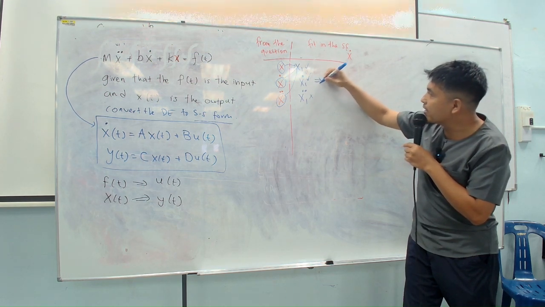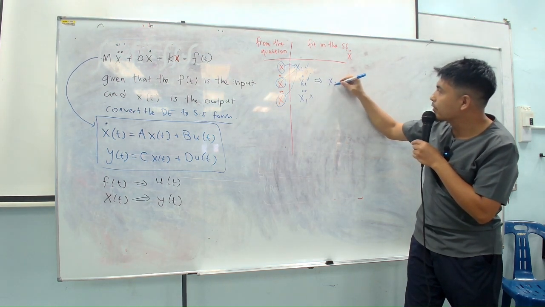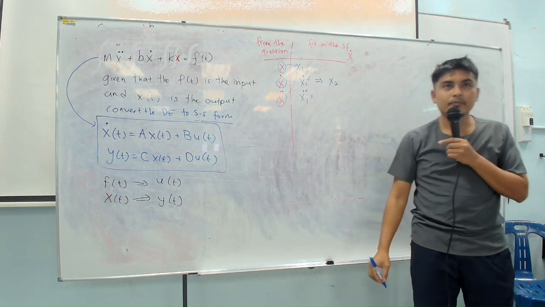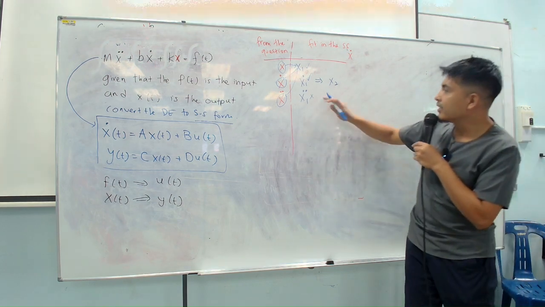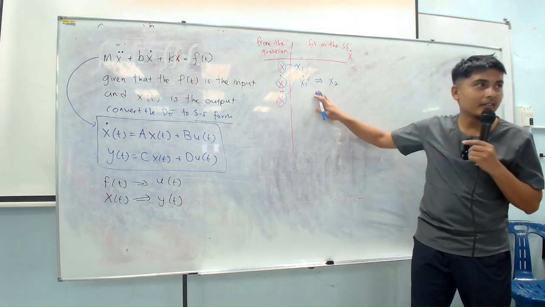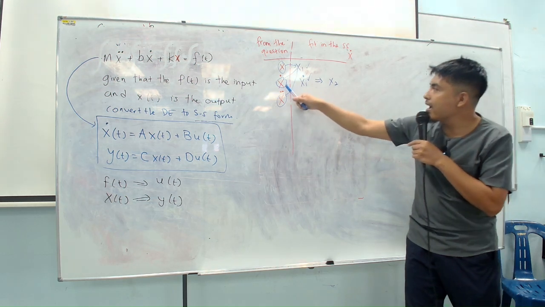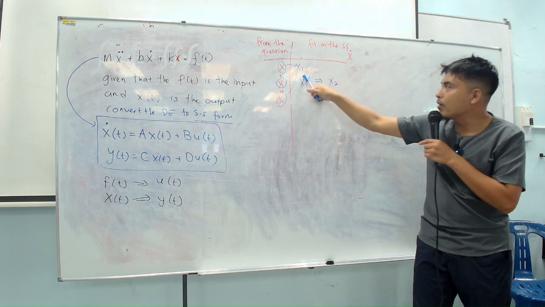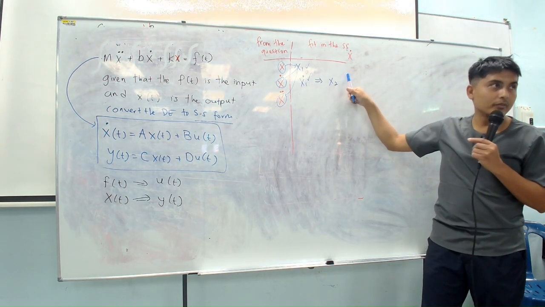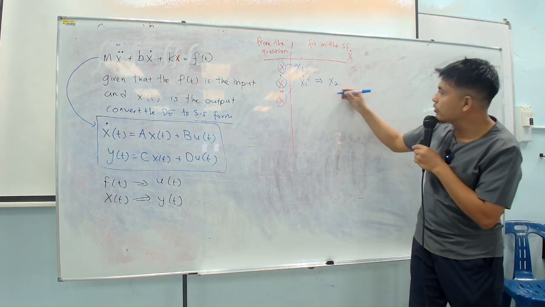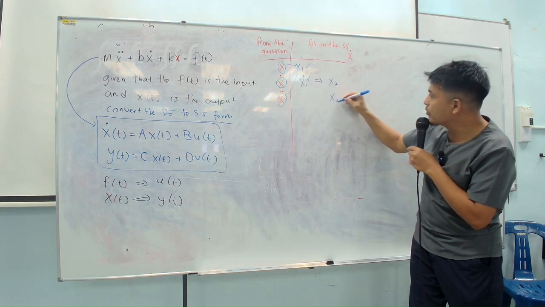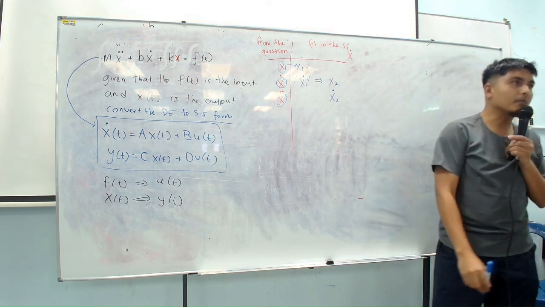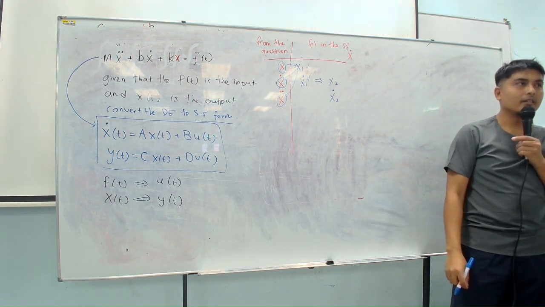We can replace x1 dot equal to x2. Then this one will no longer be here. Then if x dot is x1 dot, which is also equal to x2, so this one should become x2 dot. Something like that. Is it clear?